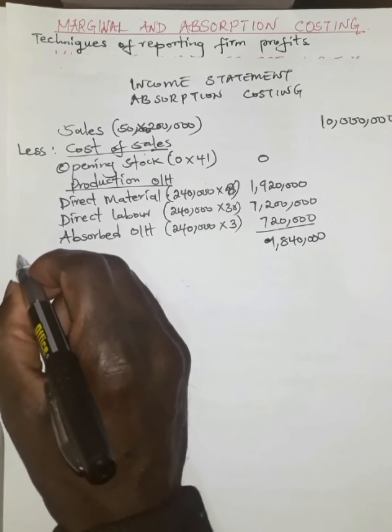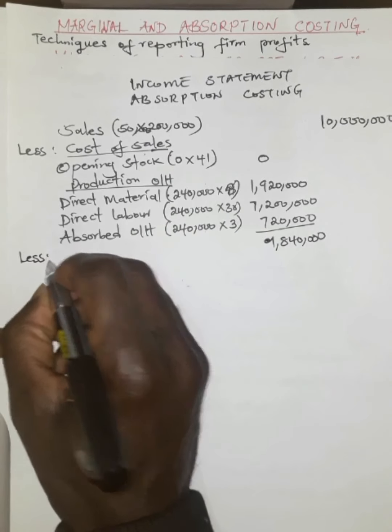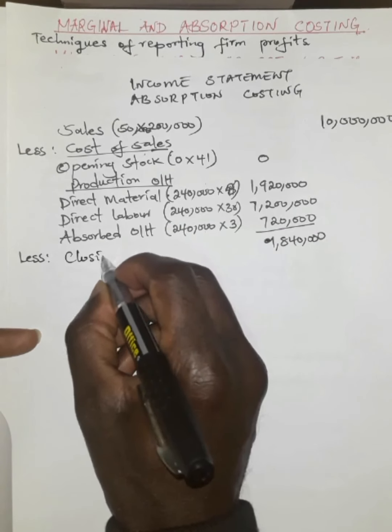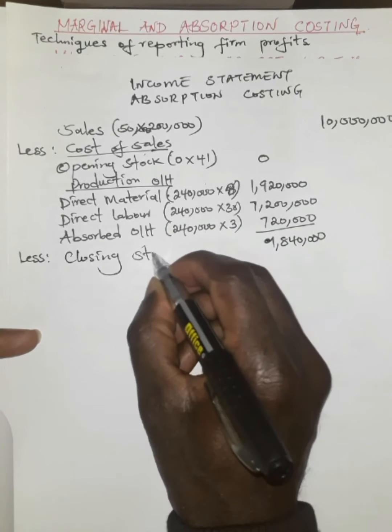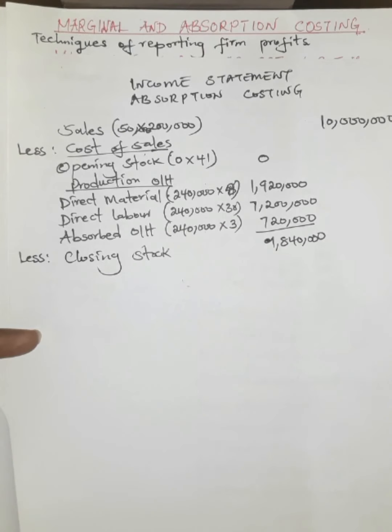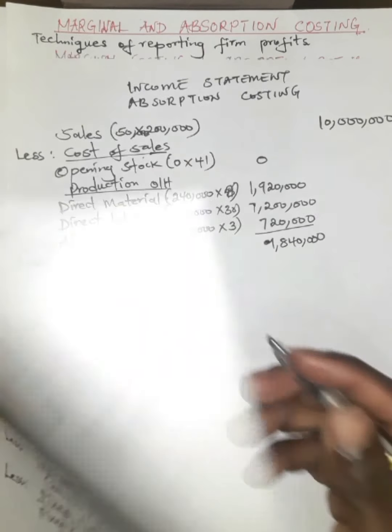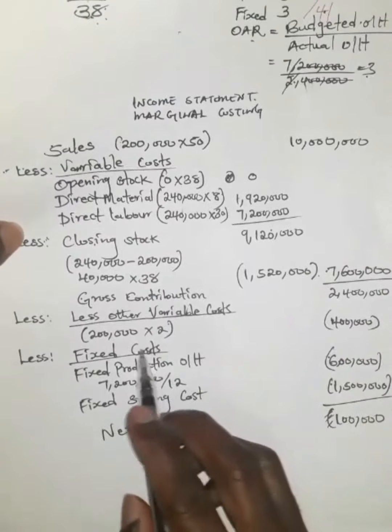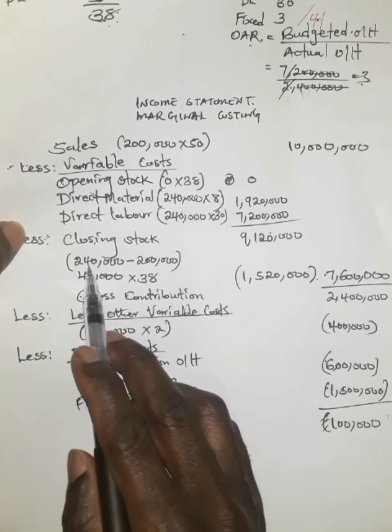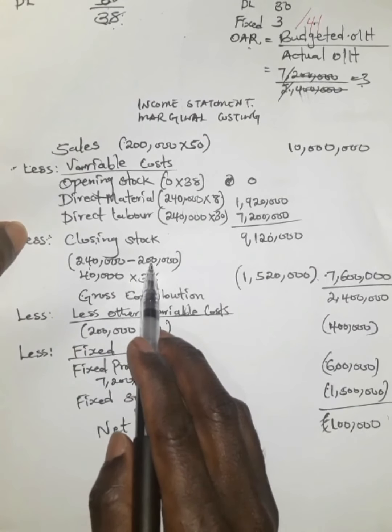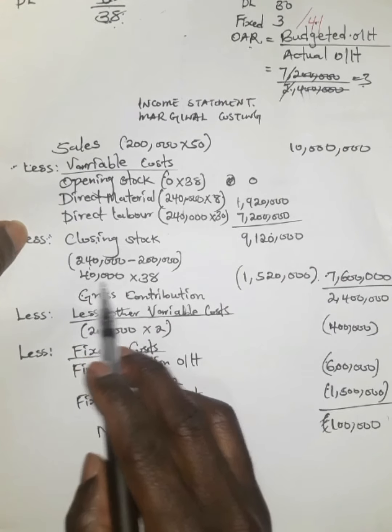That is when we less the closing stock. We had 240,000 produced and 200,000 sold, so the difference is 40,000.